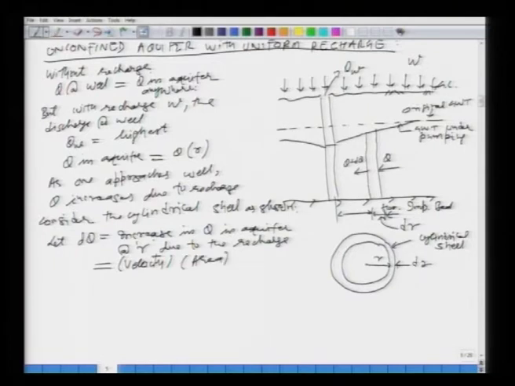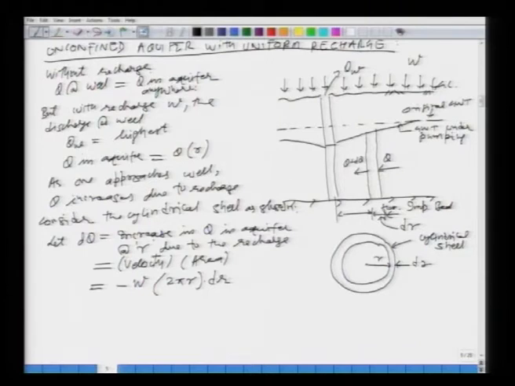What is the velocity of water? It is the rate at which water is entering into this shell. W is the rate at which water is entering. And what is the area across which it is taking place? It is 2 pi r, the circumference, multiplied by dr.